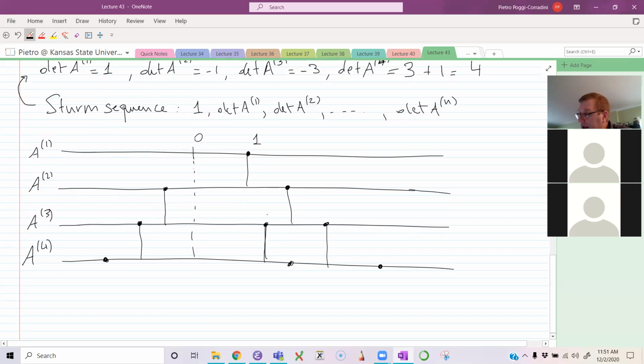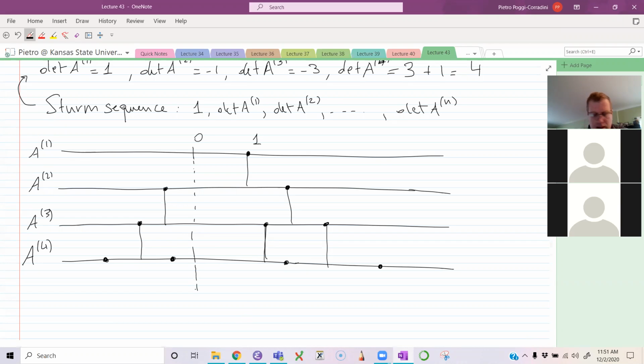It shouldn't actually be in the same spot. Well, I don't know, maybe. But then the last one, because the determinant is positive, better be over on the negative side, right? That makes sense.